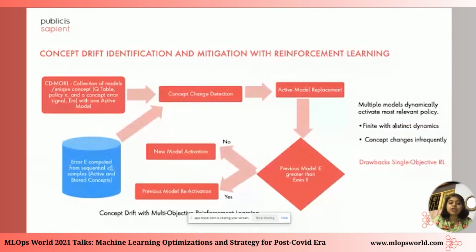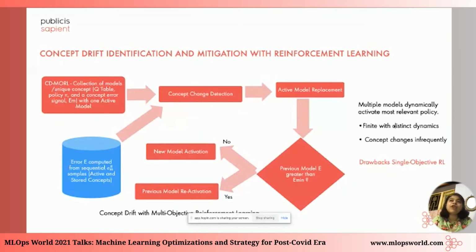Now, beyond these traditional machine learning approaches, we see an advancement like reinforcement learning. What do we do? It's more about learning from the environment. We can have multi-agent reinforcement learning, where there will be a collection of models and unique concepts, like where we handle the Q table and the policy concepts. We put it into the Q table, and we have a concept called the error signal, that is E_m, with one active model.